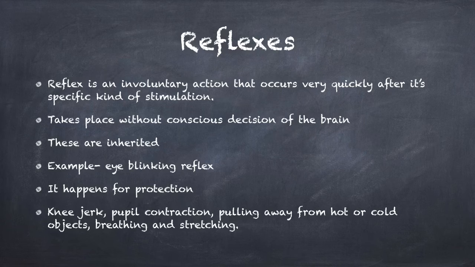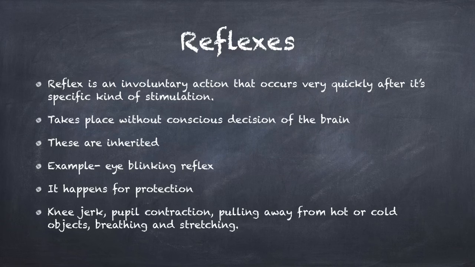Though several reflex actions are performed by our nervous system, the familiar reflexes are the knee jerk, if you have noticed, then pupil contraction, contraction of the pupil in our eyes, then pulling away from hot or cold objects, breathing and stretching. These happen automatically, if you observe.